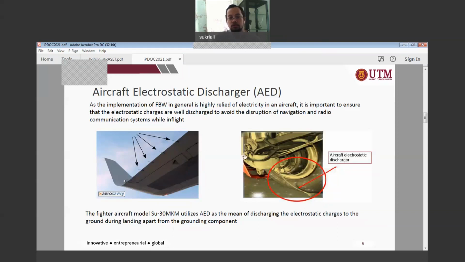There are also AADs placed on the landing gear system. For the Sukhoi MKM, the AAD is placed on the main landing gear. When the aircraft lands, the AAD touches the ground so that the static charge is discharged to the ground.